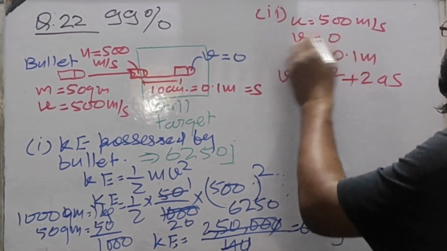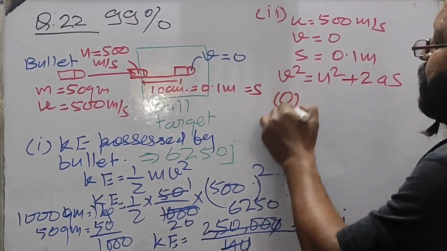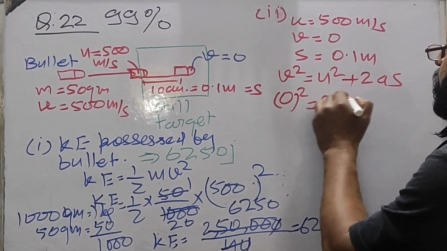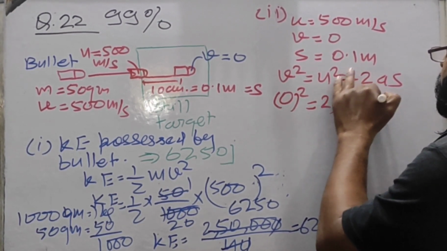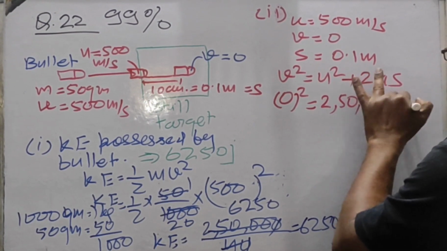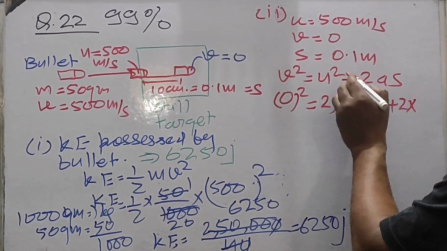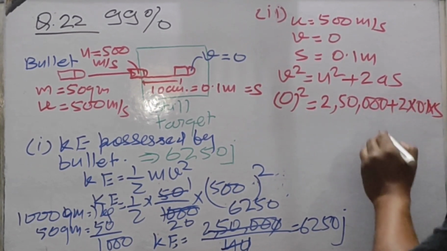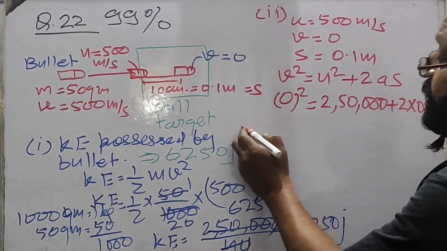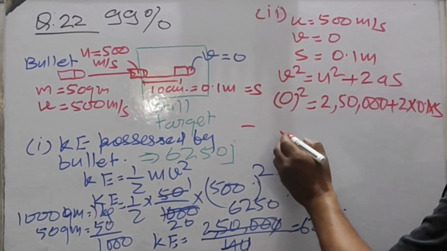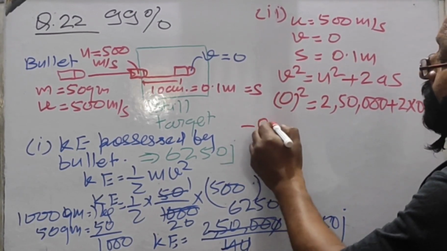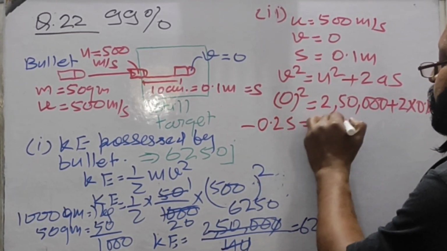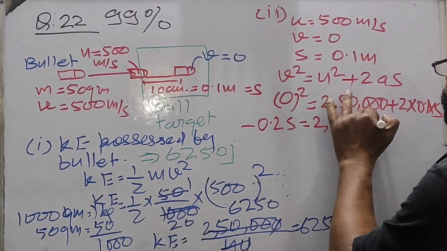So v is equal to 0, so it becomes 0 square. 500 square means 2,50,000 plus 2 into 0.1 into a. When you bring this to the other side, it turns to be 0.2 a is equal to 2,50,000.